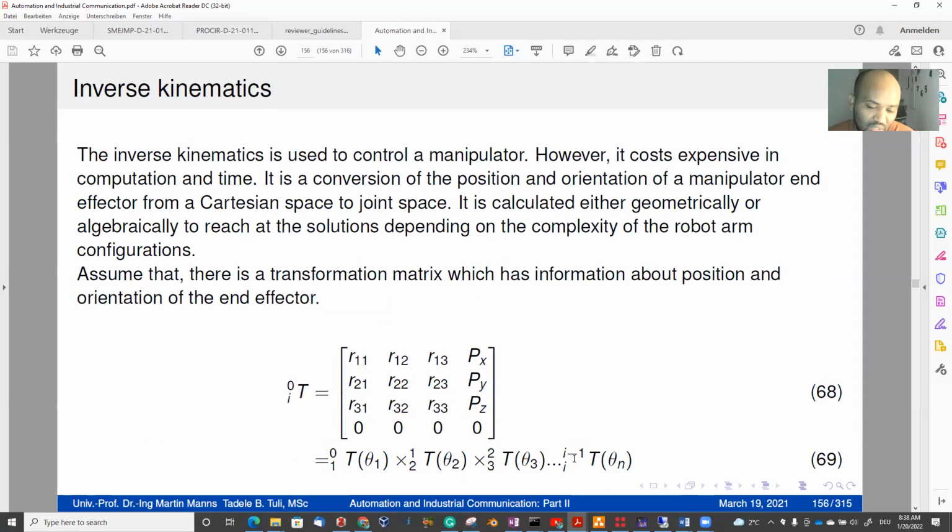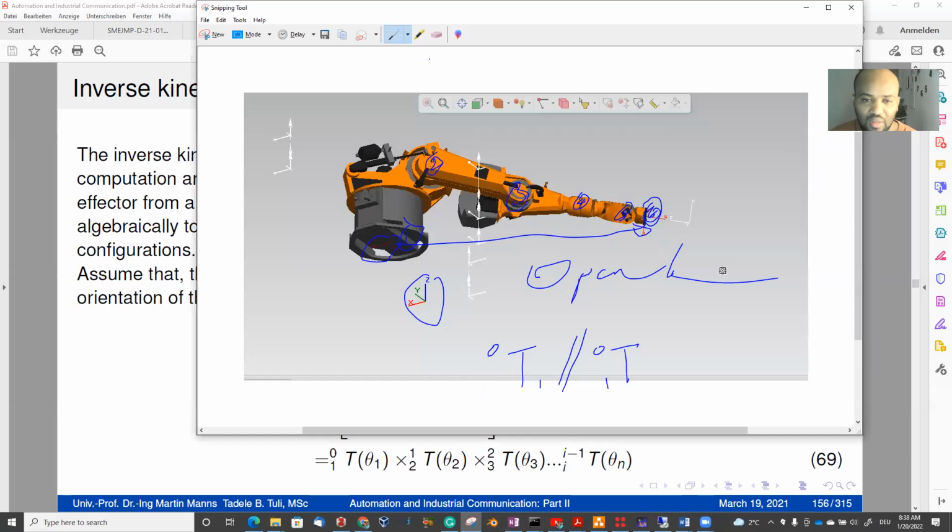So an inverse transformation matrix means if you have forward kinematics which goes from 0 to 2, which is from 0 to 1, and maybe I will make it consistent, times from 1 to 2.